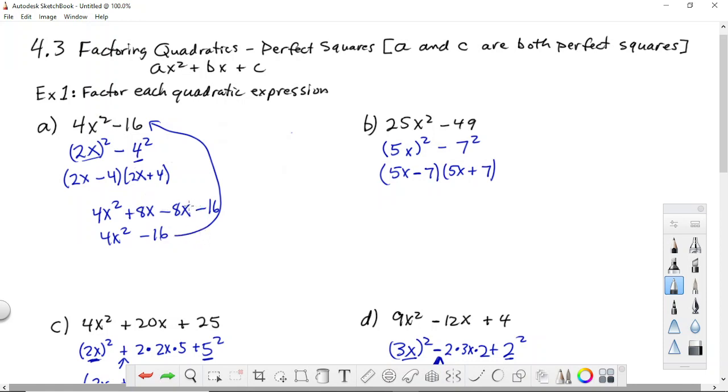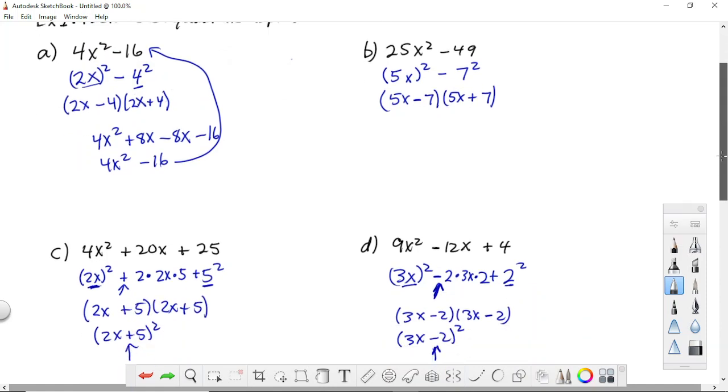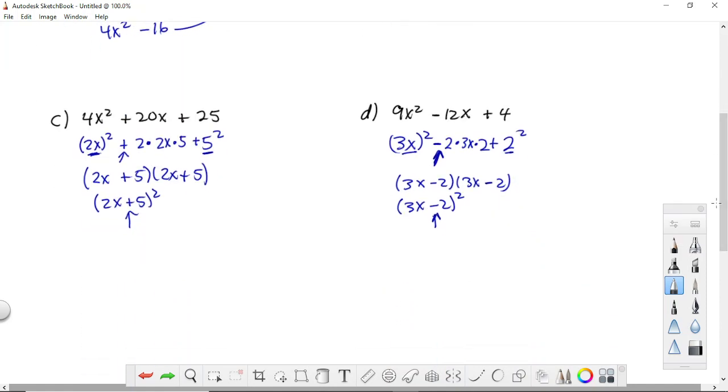On the other hand, on the ones that do have a middle term, in your binomials, they're both plus, right? You have plus here and plus here. They're both plus, so they're not going to cancel that middle term. Instead, you'll have the middle term twice. It'll add together to create that final middle term that you actually get. Let's go ahead and see what that looks like.